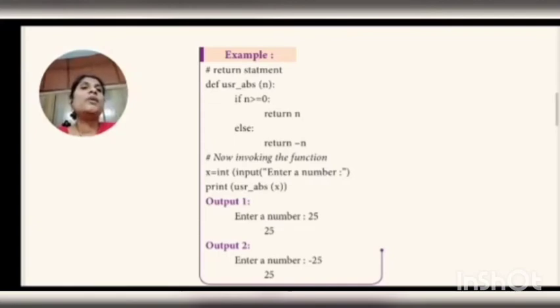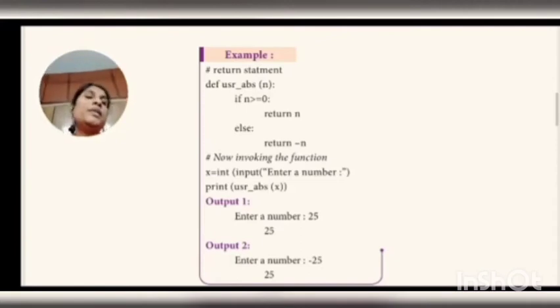Here we have an input statement, and it is converted into int using the int function. Then this value is assigned to x. Then we have this print statement, within which we have the function call, user apps. We pass the argument x. It can be either a positive number or a negative number.